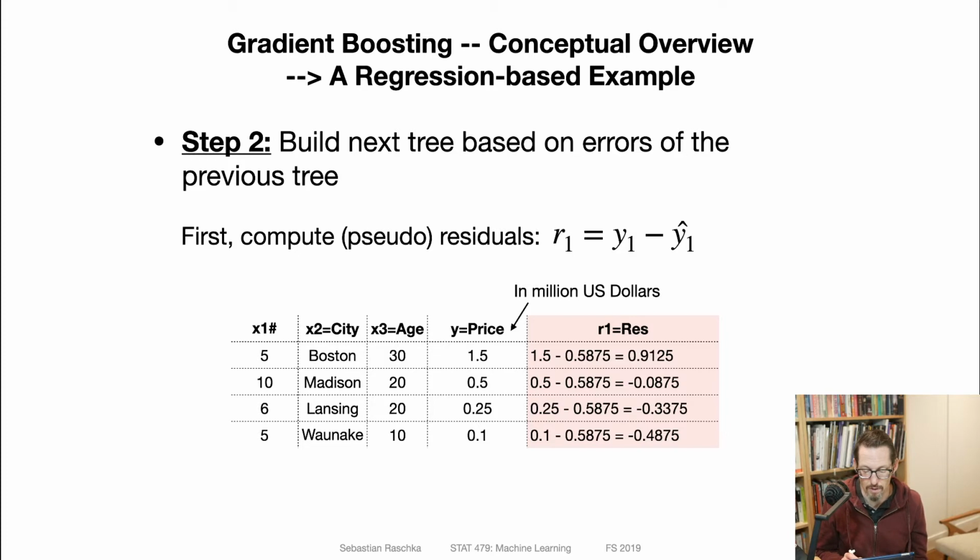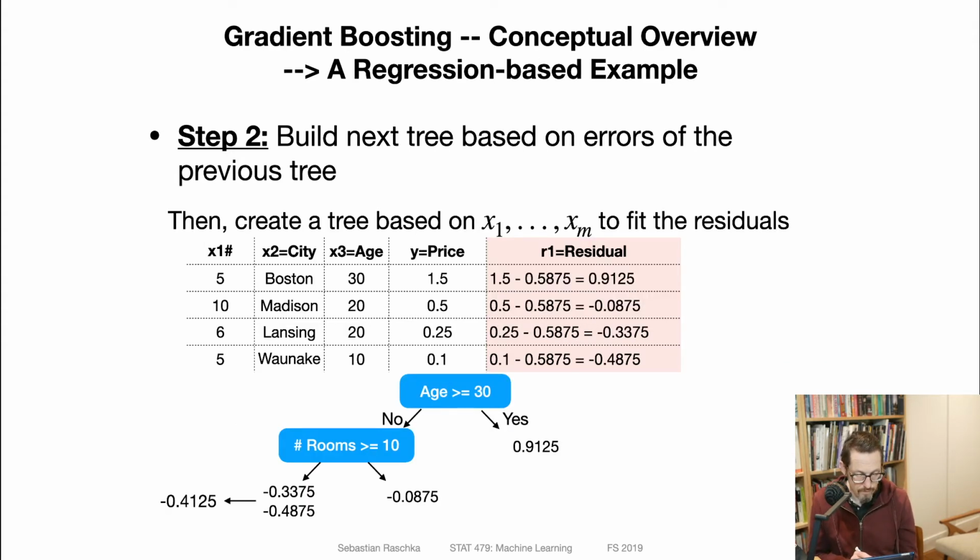That's what we call a residual, and that's what's going to be in this column. So we guessed 0.5875 for every single element in this table because we were at the root and we're just guessing the mean of everything. So the actual prices minus the mean of everything gives you a set of residuals, and that's what our second classifier is going to try to predict.